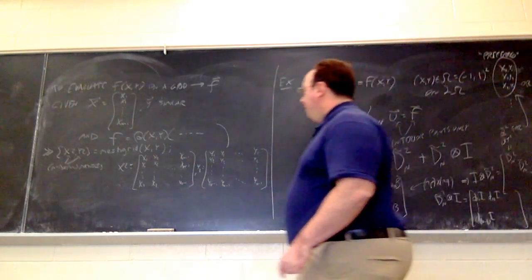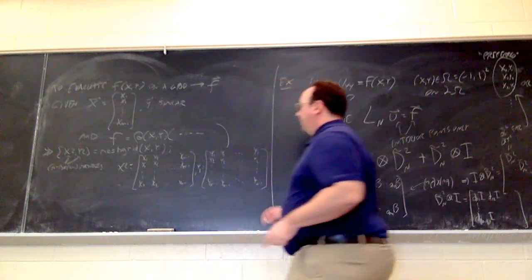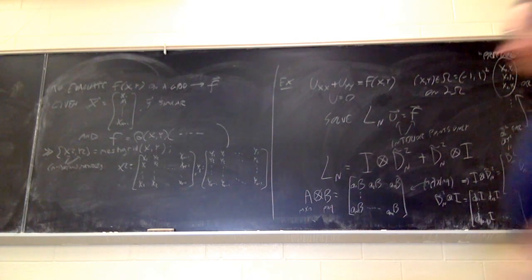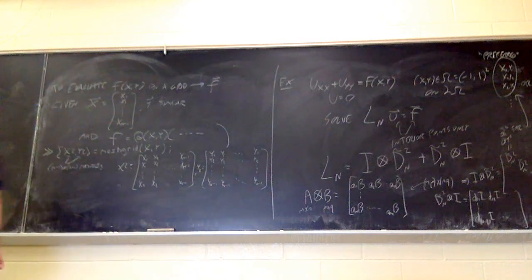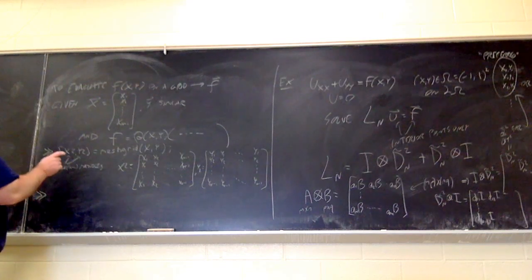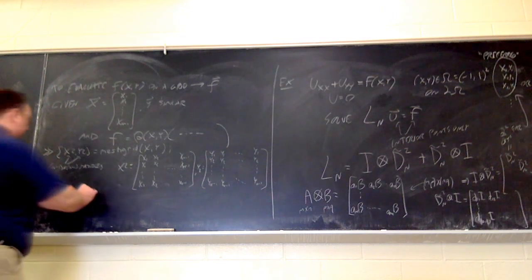So here we have x1, y1, x2, y1, and so forth. If you overlay those, you'd have all the possible combinations. You'd have all the grid points. So then what I could do, to make my vector f, is make this variable called fmat for f matrix.